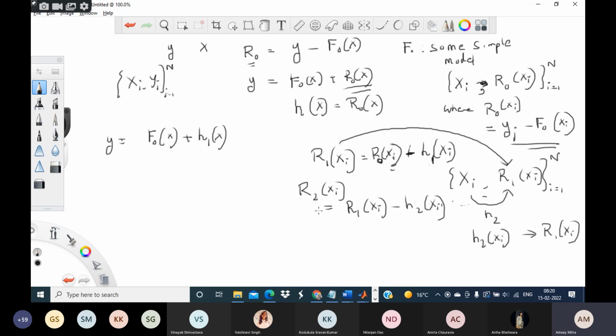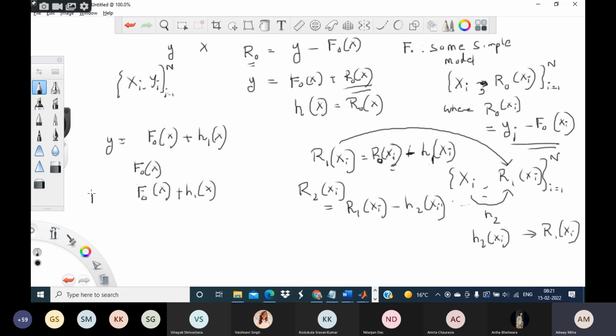Correct? And as you can understand, this process will keep on continuing. My estimate of y initially was just f naught x. After that, my estimate became f naught x plus h1x.